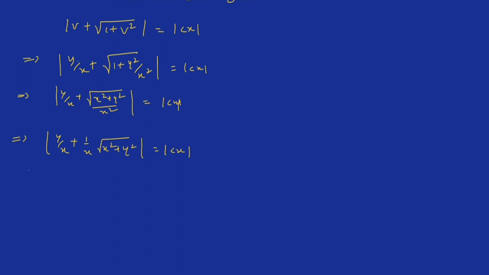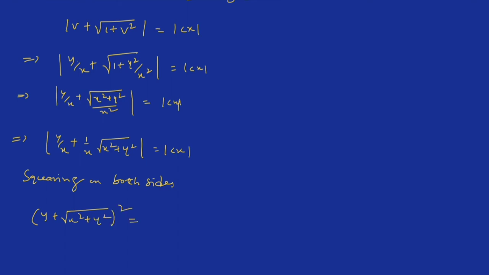So squaring on both sides now. What do we get after squaring? This term goes in the numerator: y plus under root of x square plus y square, whole square.